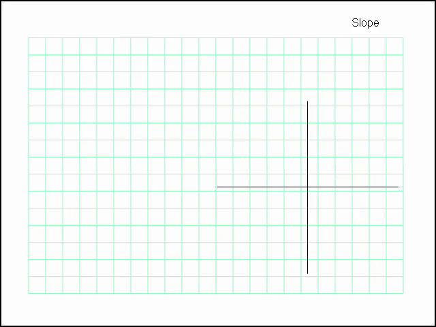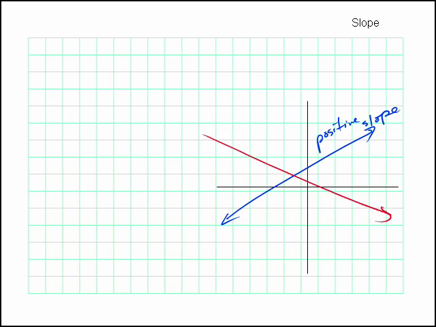Keep in mind that a line which heads upward will have a positive slope. A line which heads downward to the right will have a negative slope. Oops, let me fix that.